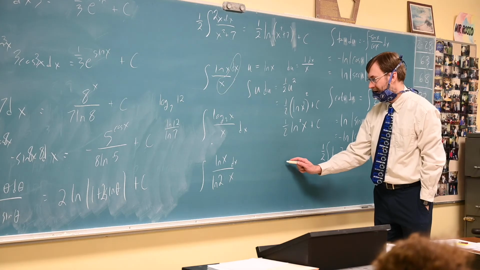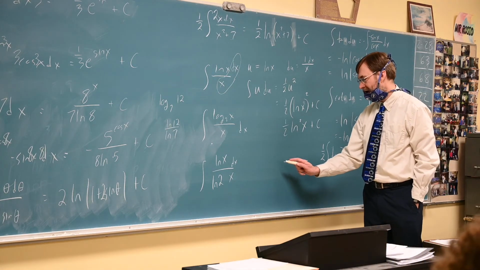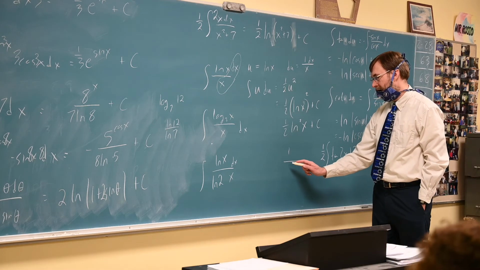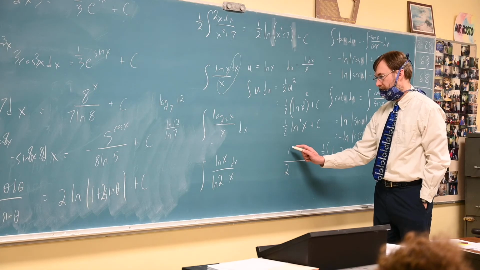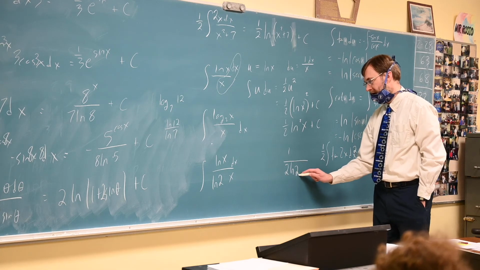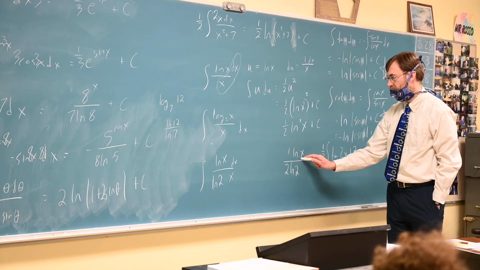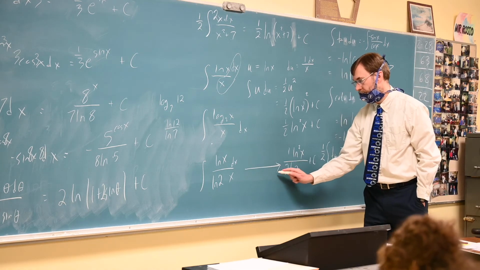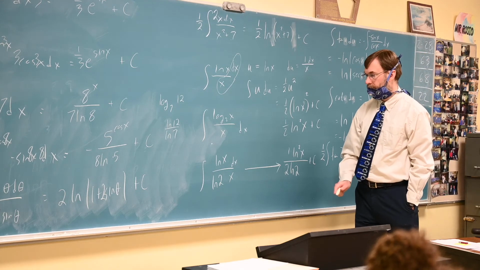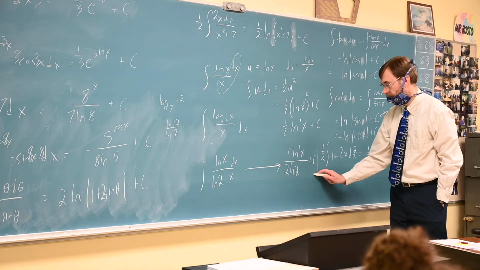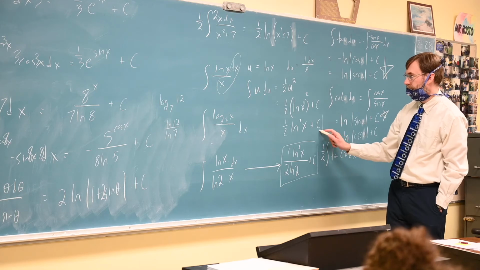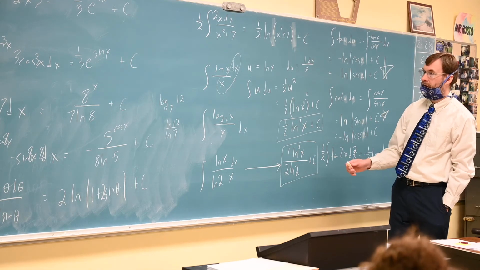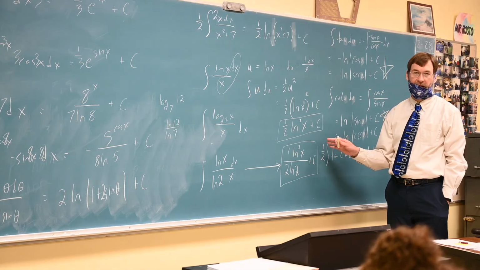So we're going to get that same answer, but instead of 1 over 2, it would be 1 over 2 ln 2. But the ln of x is getting squared plus c. Question about that little bit of gymnastics?